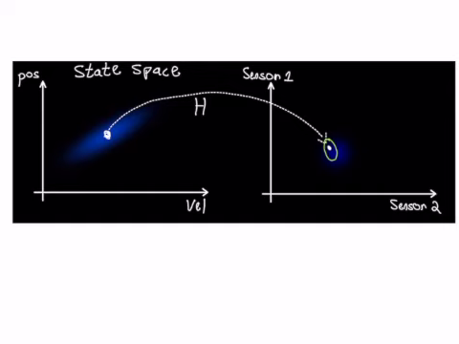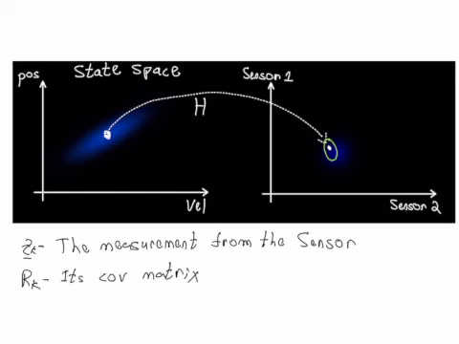We will call the covariance of this uncertainty, i.e. the sensor noise, Rk. The distribution has a mean equal to the reading we observed, which we call Zk. So Zk is the measurement that we are getting from the sensors. And again, it could be in 1 dimension, 2 dimensions, etc. So Zk is the measurement from the sensor.